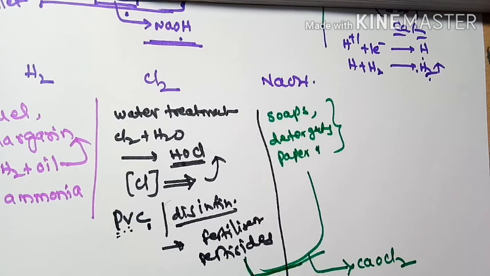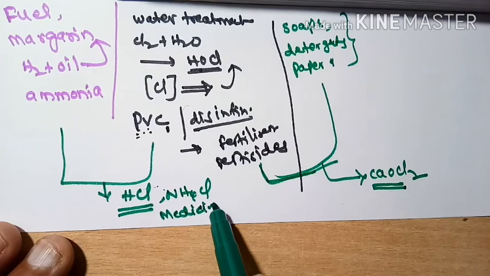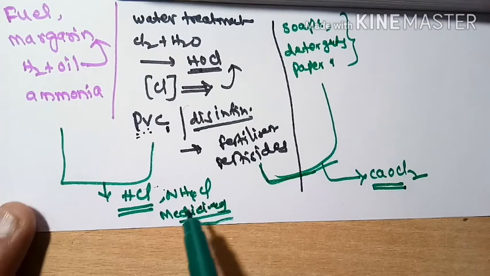To prepare bleaching powder, these two are collectively used. They are also used to prepare HCl, ammonium chloride, and medicines and cosmetics.